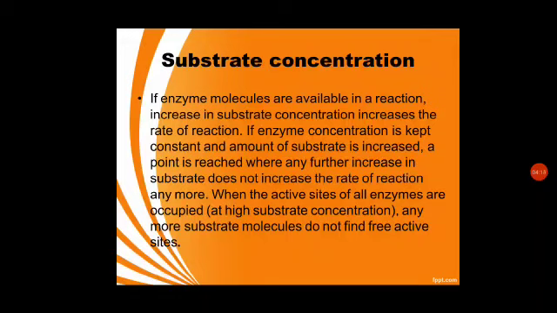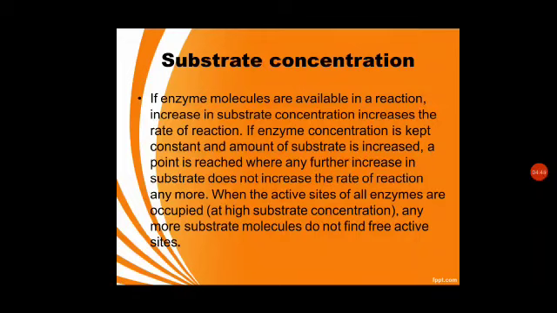When the active sites of all enzymes are occupied at high substrate concentration, any more substrate molecules do not find a free active site. So, students, when the active sites of the enzyme are bound to substrate and no active site is free for any substrate, then if we increase the substrate concentration, there will be no effect on the rate of the reaction.